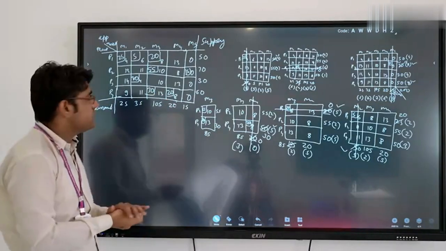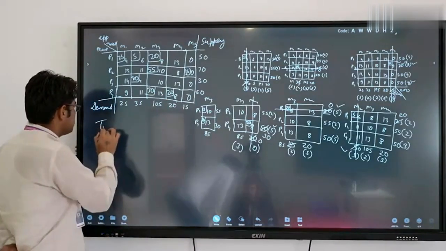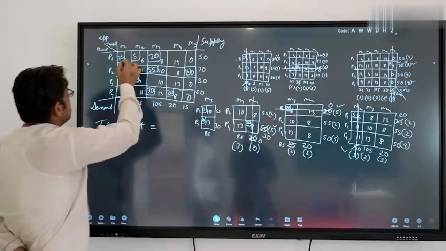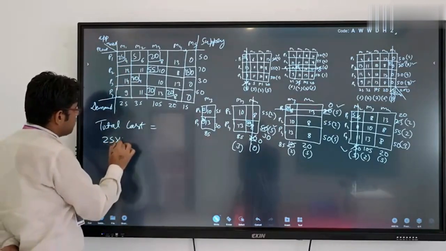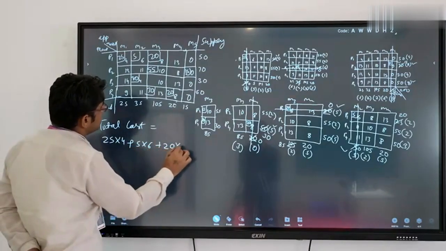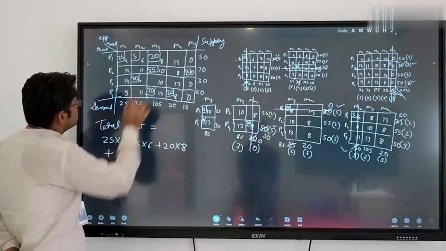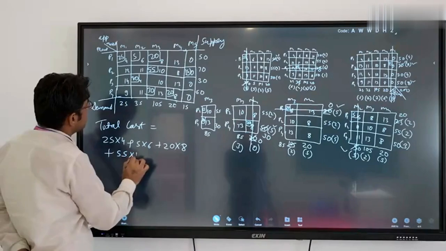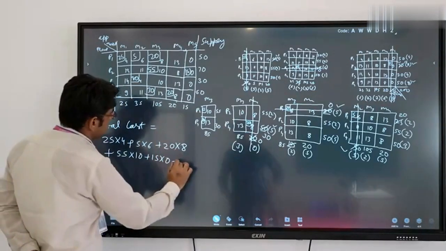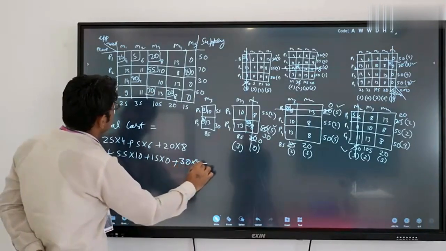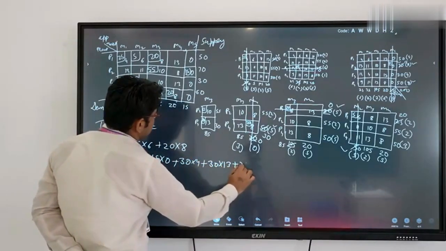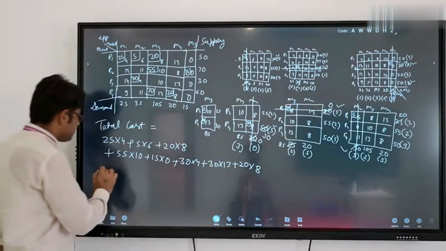So now we find the total cost. So the total cost is 25 into 4 plus 5 into 6 plus 20 into 8 plus 55 into 10 plus 15 into 0 plus 30 into 4 plus 30 into 13 plus 20 into 8.